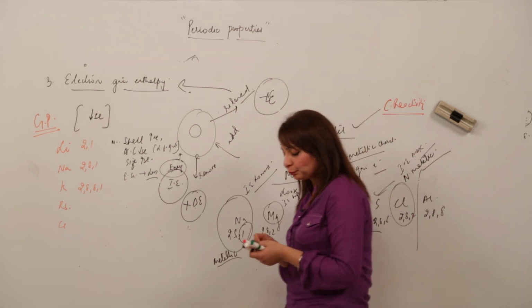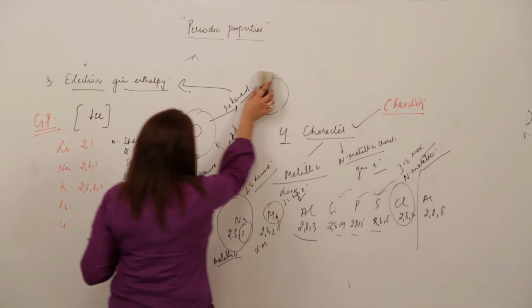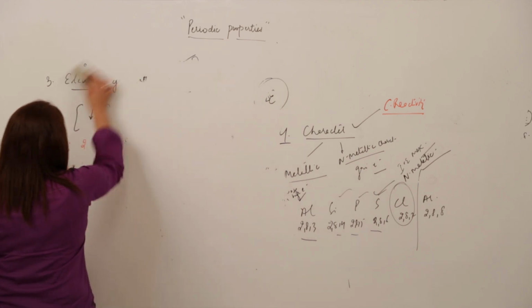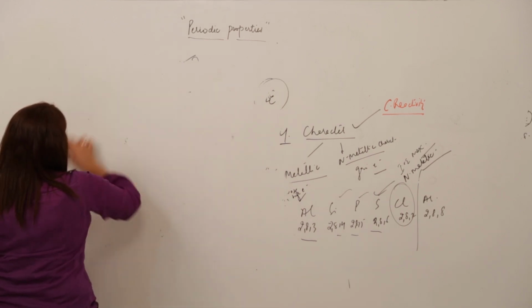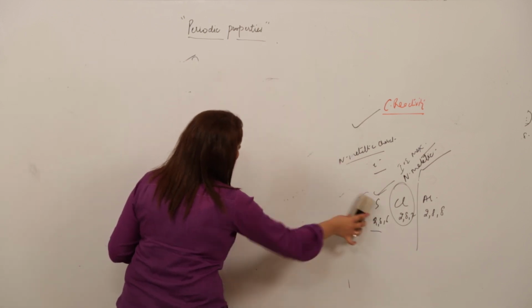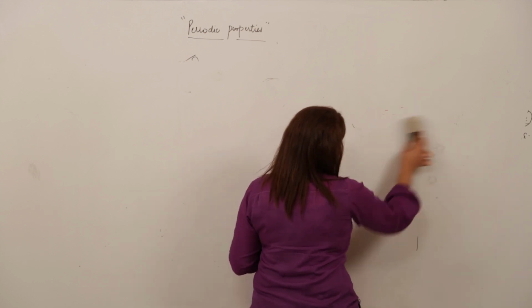One more property is the nature of oxides. When we talk about the nature of oxides, what do we mean by nature? Whenever we talk about nature in chemistry, it indicates whether the substance is acid, base, neutral, or amphoteric. So we have four kinds of nature in chemistry.